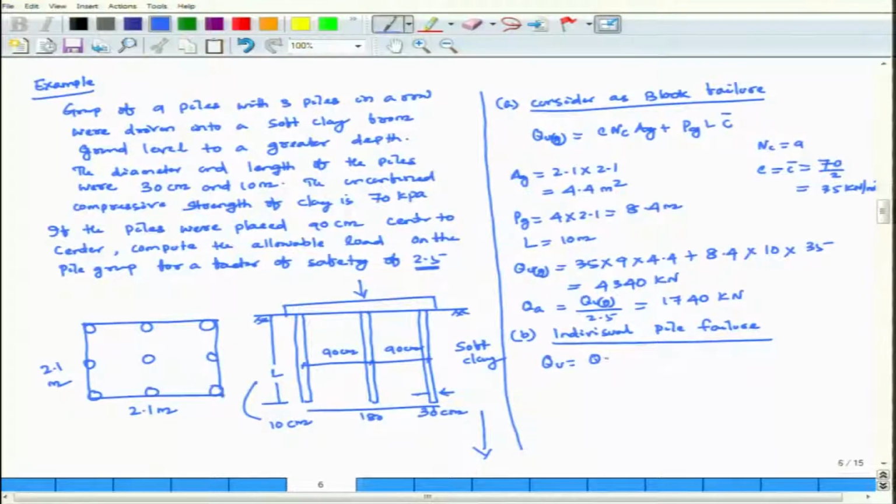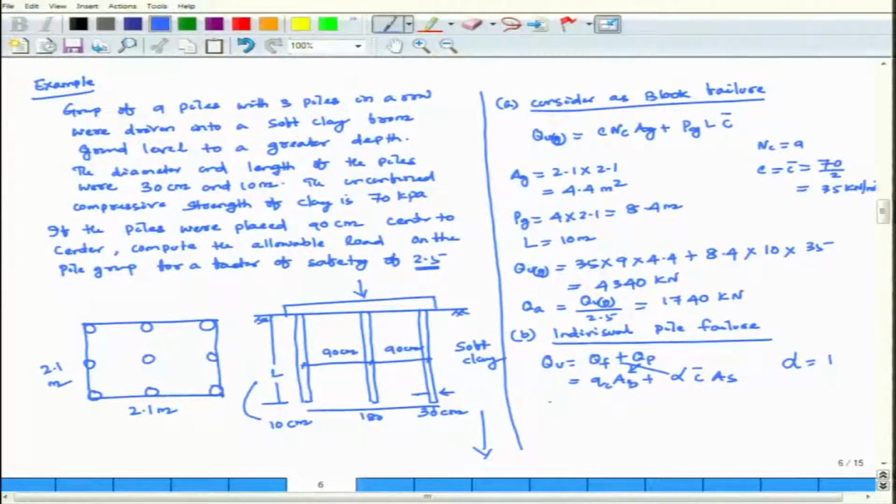QU is equal to QF plus QP, where QP is equal to QC into area of base, because this is a point resistance, and QF is equal to alpha c bar AS. Since alpha is not given for the adhesion factor, you can consider alpha equal to 1.